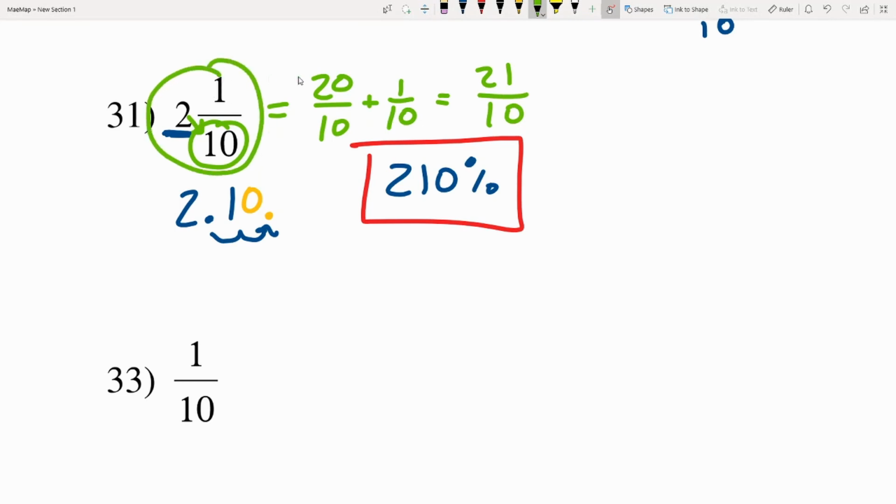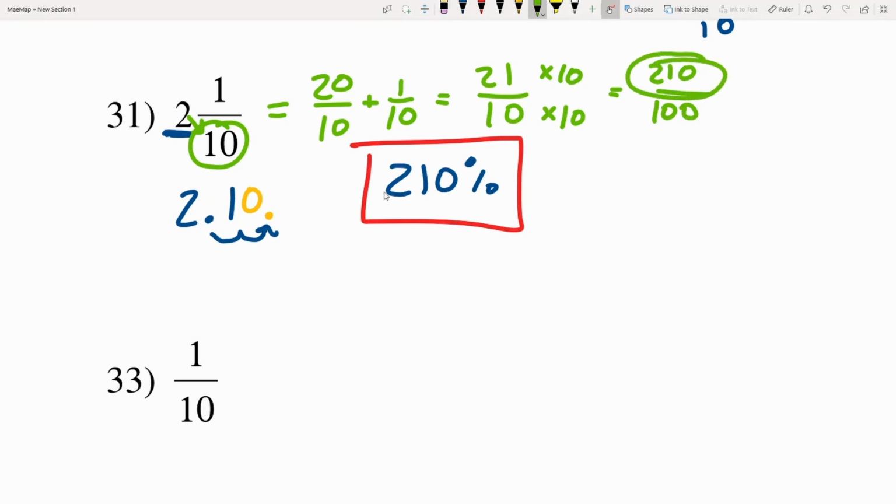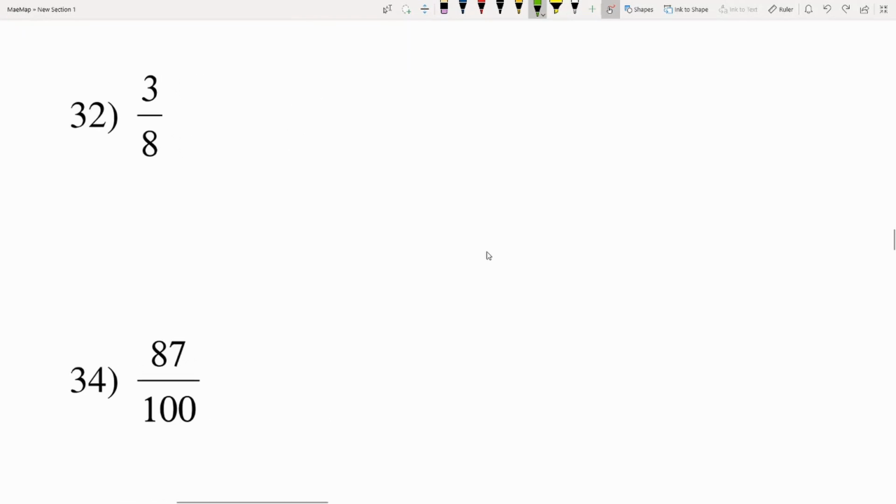That is equivalent to 2 and 1/10. Now I don't want my fraction necessarily over 10, I want it over 100. So I need to multiply my denominator by 10 and my numerator by 10 to get 210 over 100, so 210%.